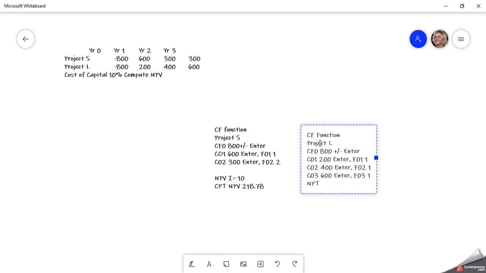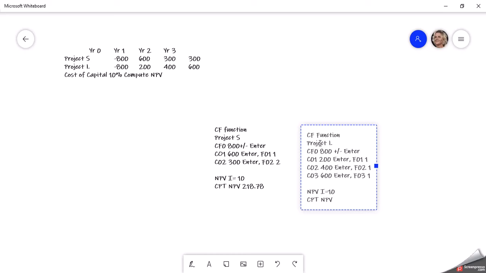And then again, our net present value, the I is still equal to our cost of capital, which is 10, and we'll compute the net present value. Okay, so again, go back to our cash flow function. Our cash flow for year 0 is still the 800 negative. Cash flow for year 1 is 200, hit enter, frequency of 1.